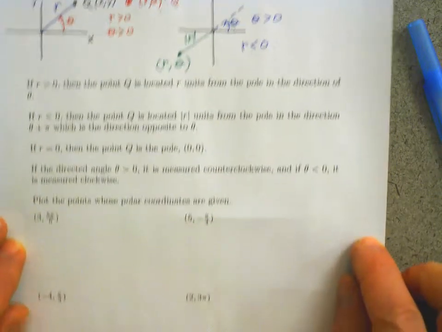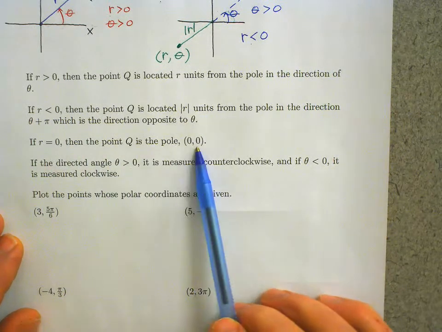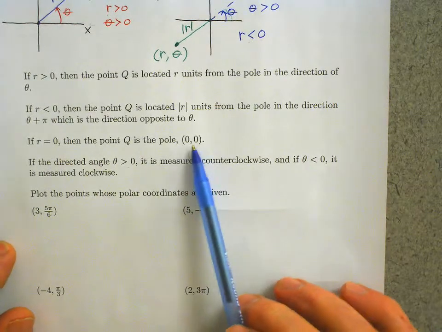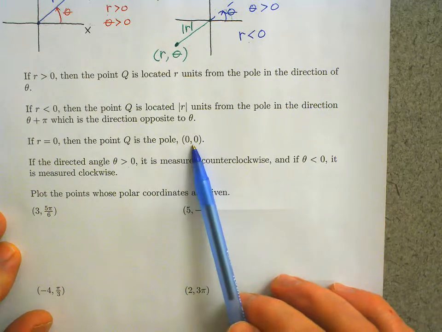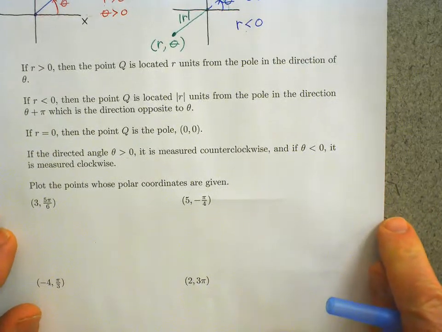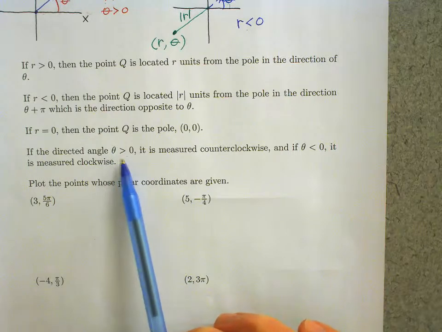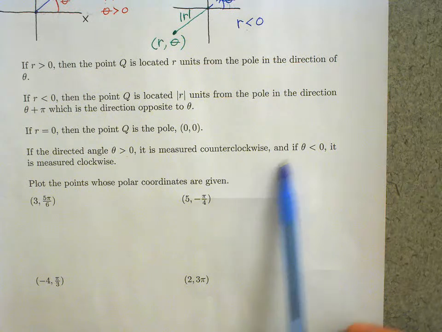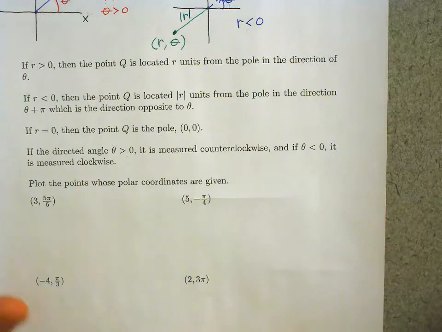If r is 0, then the point Q is the pole. So the distance from the point 0, 0 to the point Q is 0, so that means it's just the origin. Okay, as usual, if the directed angle theta is greater than 0, it is measured counterclockwise. And if theta is less than 0, it is measured clockwise.